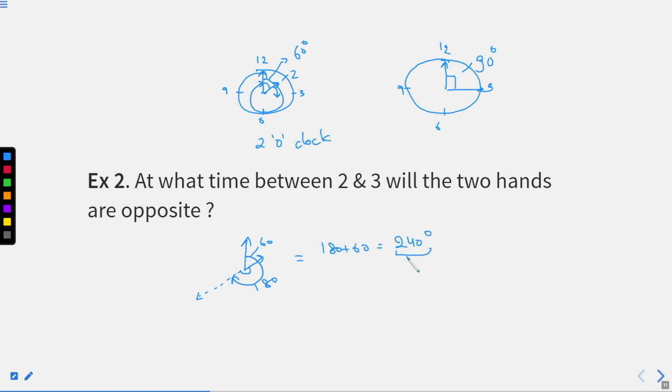Now how much time will it take to cover 240 degrees? I have already told you that in 1 minute it will cover a distance of 5.5 degrees or 11 by 2 degrees. So in order to solve this, to cover 240 degrees, it will be divided by 11 by 2, which comes out to be 240 multiplied by 2 divided by 11, right?